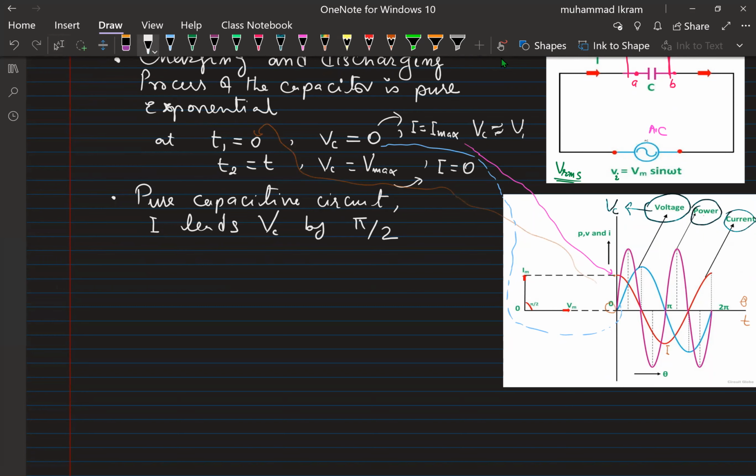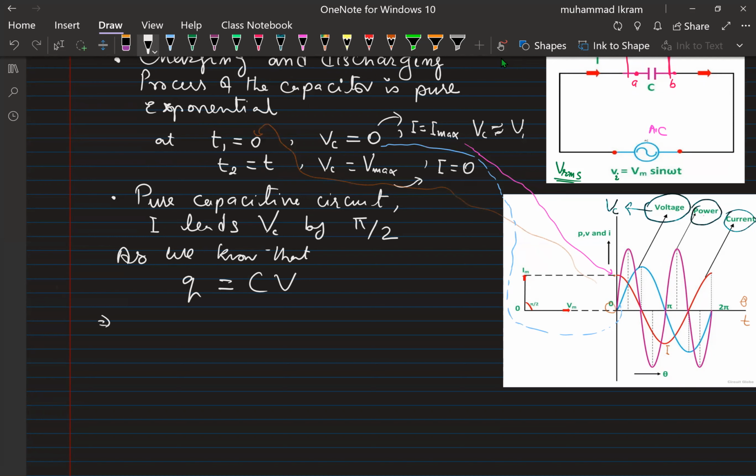I told you physically, now mathematically I will explain how it leads the current by pi by 2. As we know, for the capacitor circuit, Q is equal to C into V. This is V instantaneous.